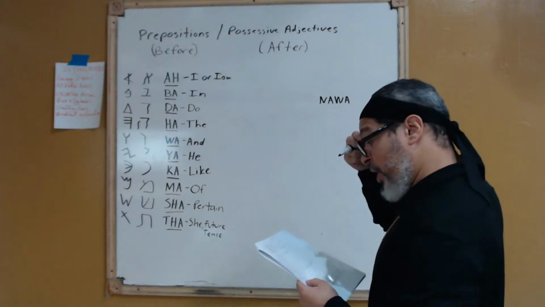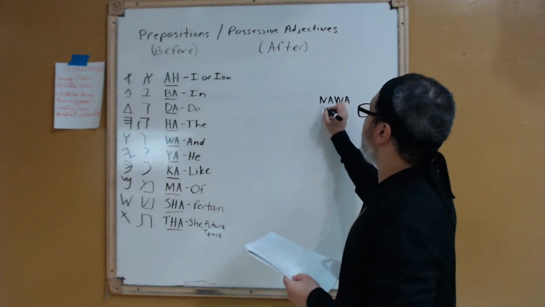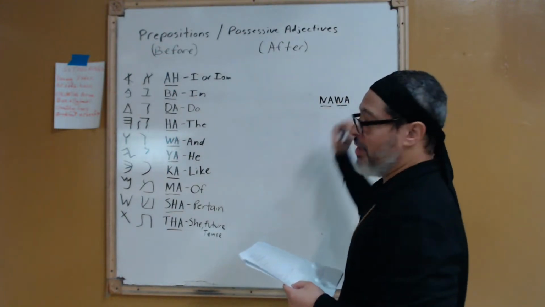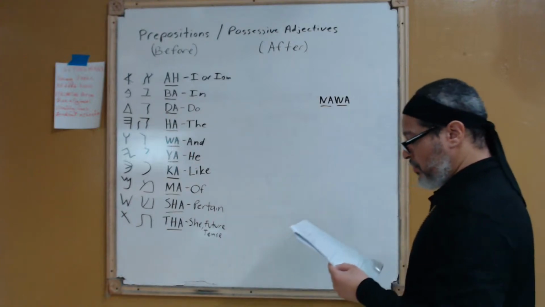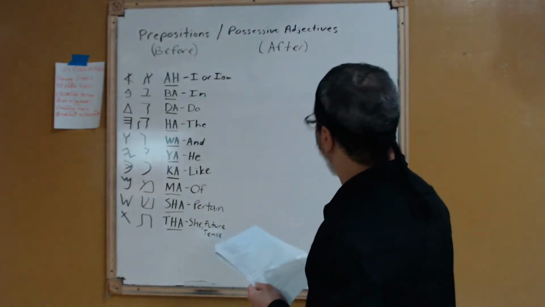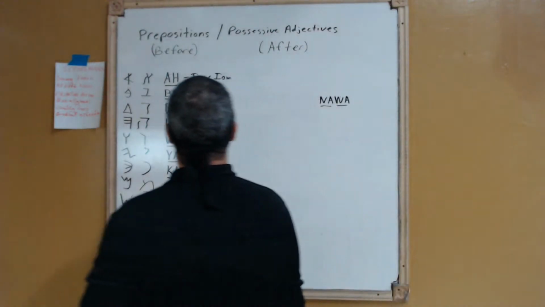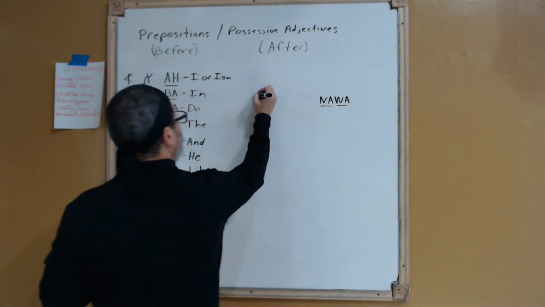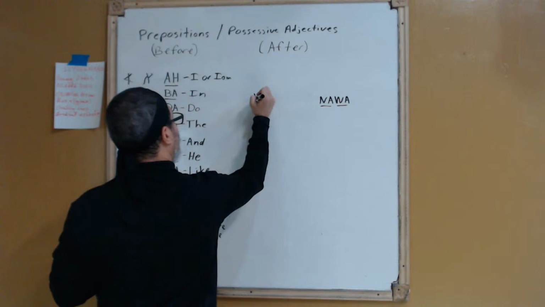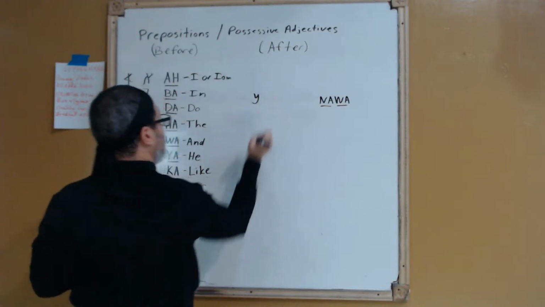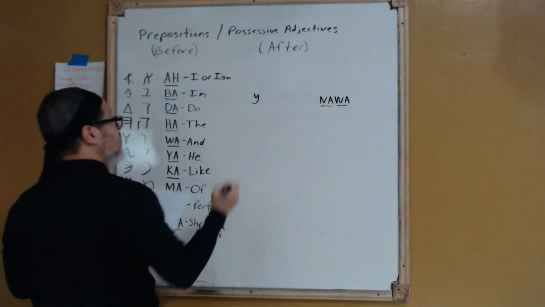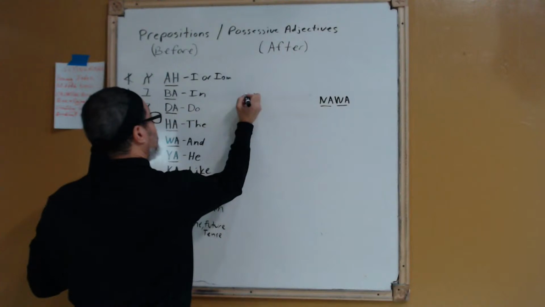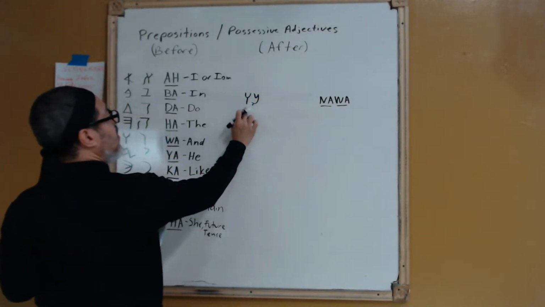Okay, and this is actually two characters. It's the na and the wa. So it would be na in the ancient, and then the wa. So that's nawa.